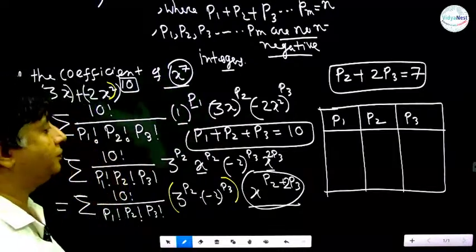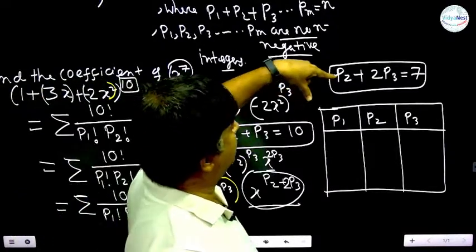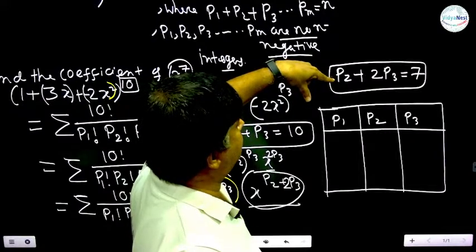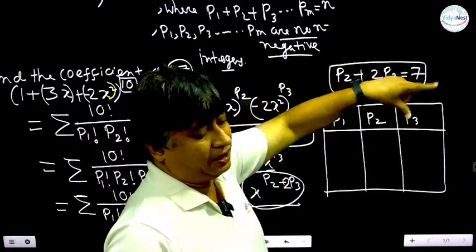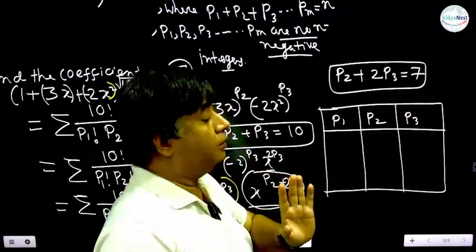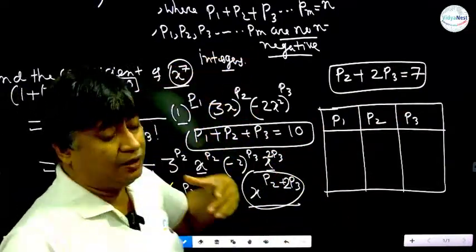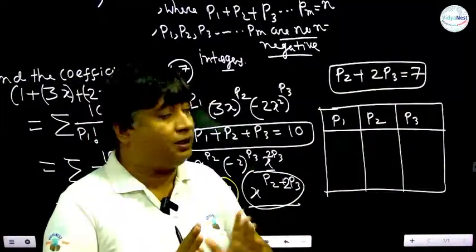Okay? Okay sir. So if I choose P2 as 0, P3 will be a fraction. Why? 2 P3 will be 7, so P3 will be 7/2, but it is not an integer, so we are not allowed to take P2 as 0.